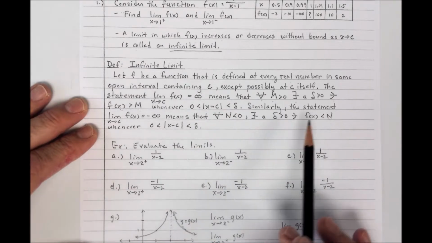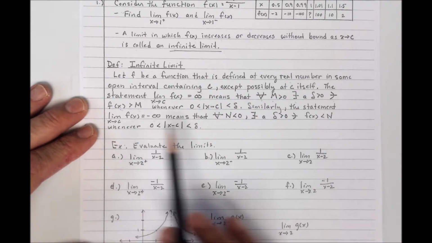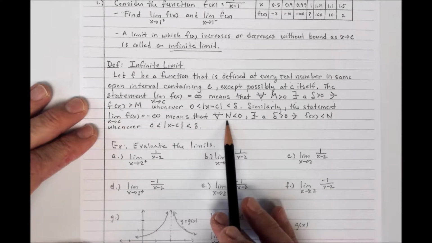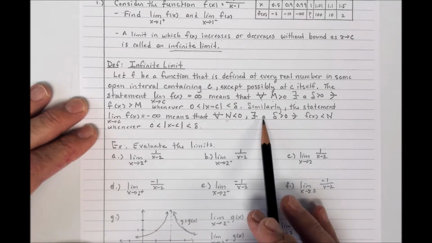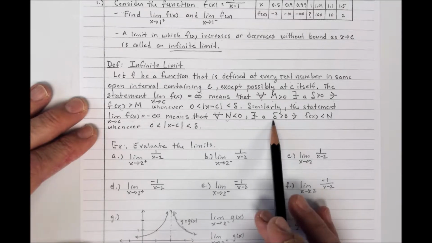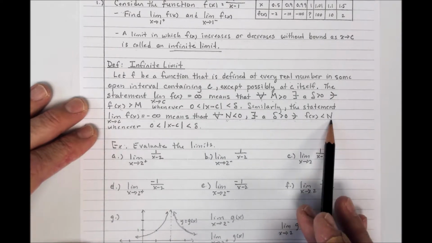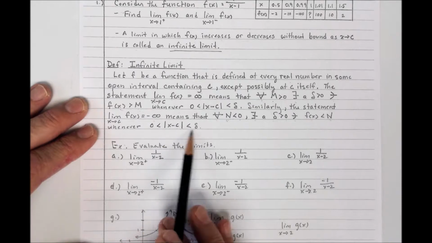Similarly, the statement the limit as x approaches c of f of x equals negative infinity means that for all N less than 0, now N would be a large, absolute value-wise, but negative number, negative a million, negative a billion, negative a trillion, there exists a delta greater than 0, small positive number, such that f of x is less than N, smaller than this absolute value-wise large but negative number. As long as x is very close to c, we keep it less than delta.